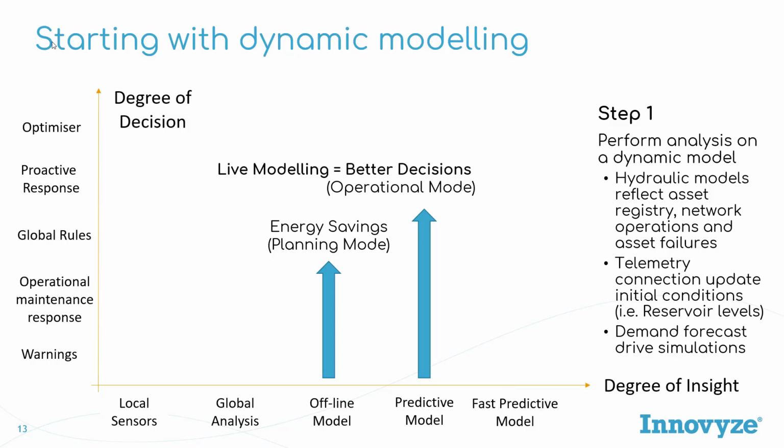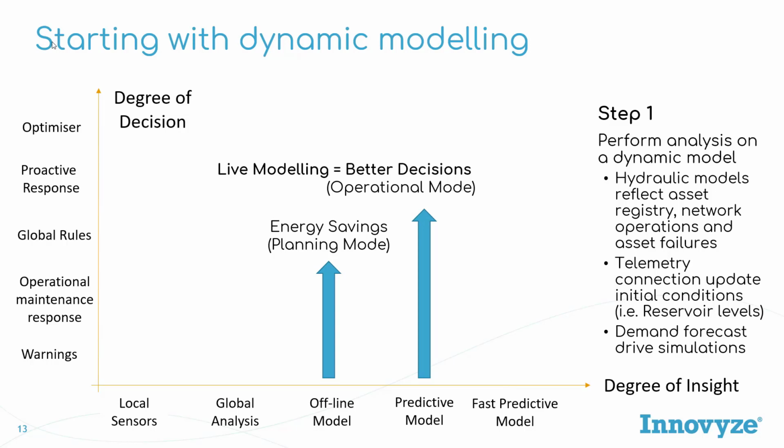Online models also account for change in the demand, leveraging on demand forecast performed at a DMA level. So with this capability, we have essentially a live system, which runs 24/7. And this system is capable of supporting operation to make better decisions.